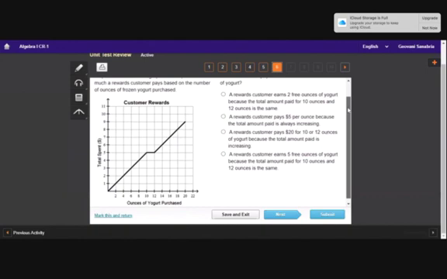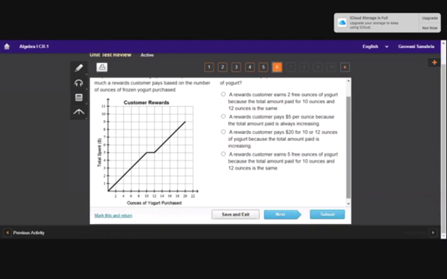Maybe. Let's read the other ones. B says a rewards customer pays $5 per ounce because the total amount paid is always increasing.